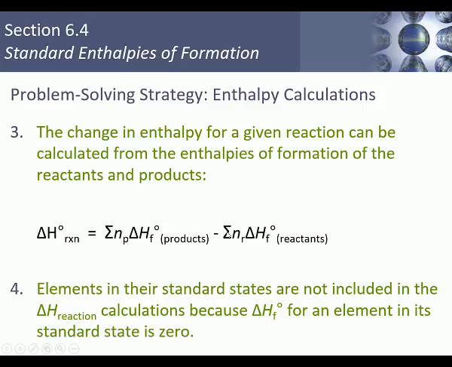You're going to sum all of the enthalpies of formation of the reactants, and then you're simply going to subtract the enthalpies of formation of the reactants from the enthalpies of formation of the products, and that will give you the change in enthalpy for the reaction overall.